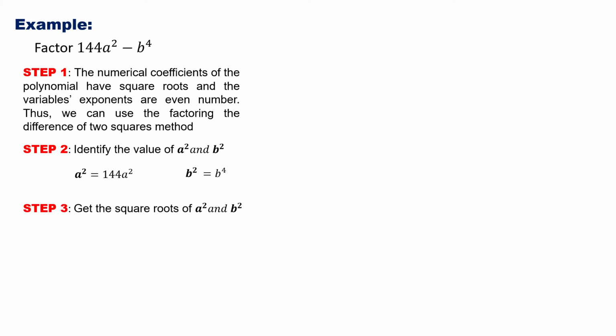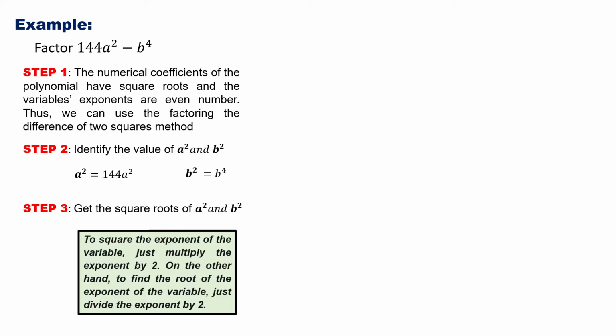Now let us get the square roots of a squared and b squared. To square the exponent of a variable, just multiply the exponent by 2. On the other hand, to find the root of the exponent of a variable, just divide the exponent by 2. So that is what we will do to our variables if we want to get their square root.